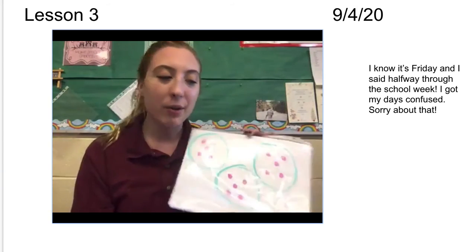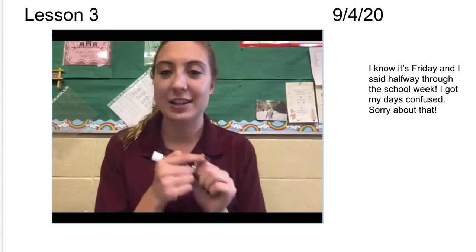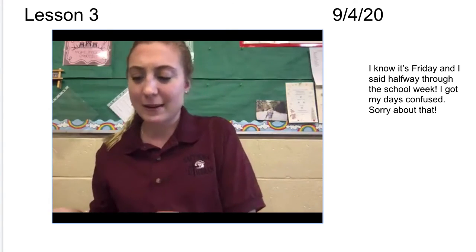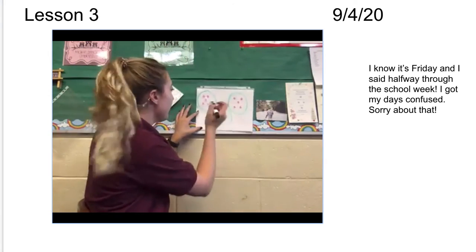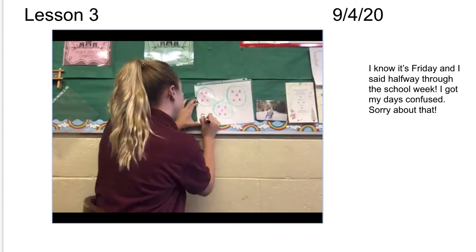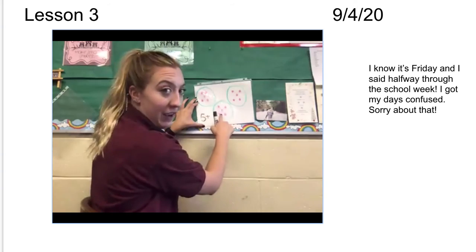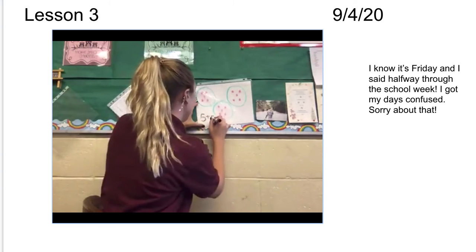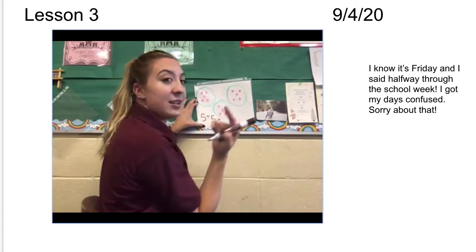So now I want to write an addition or repeated addition sentence to describe this. So I'm going to use over here. I'm going to do this so you can see. So this had how many dots? Again, 5 plus, there's 5 dots in this one, 5 plus, how many dots in this one?